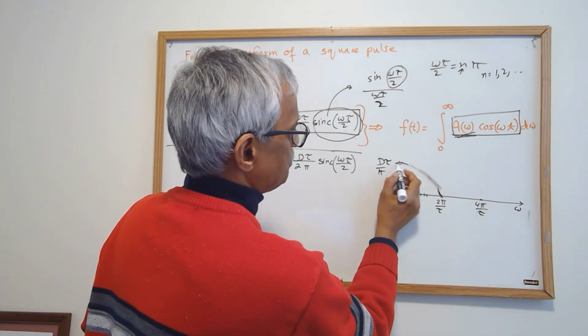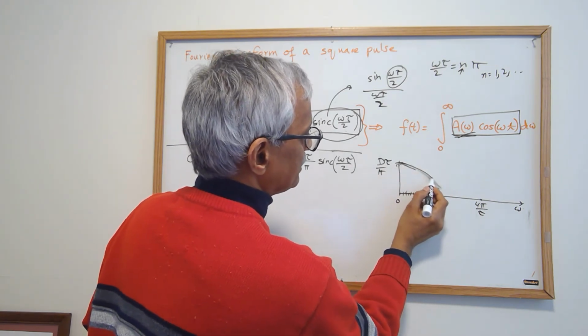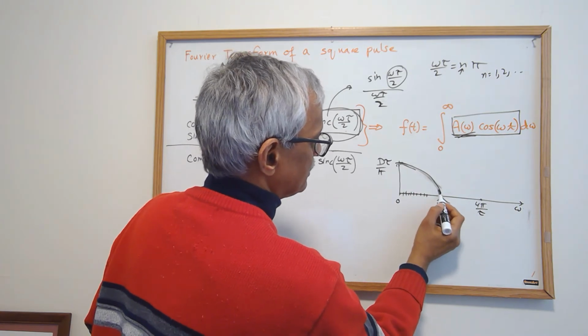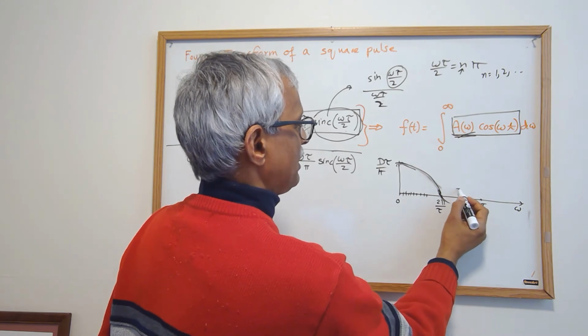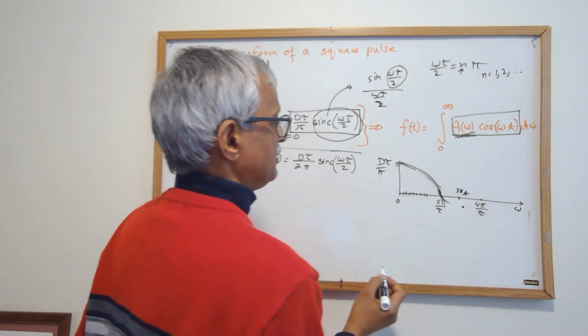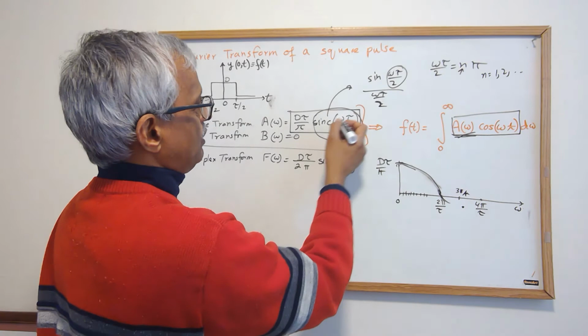Actually it drops pretty fast. Okay, so it's about 1/5 here. Say this is 3 pi over tau.